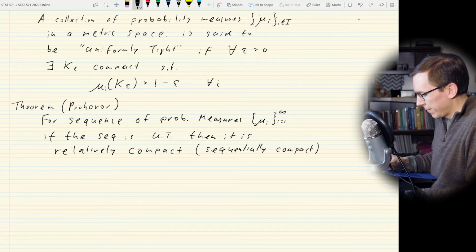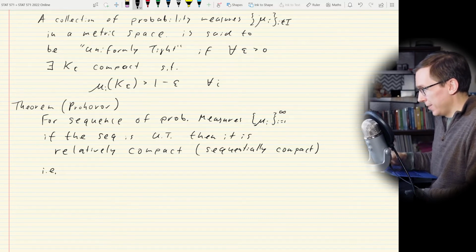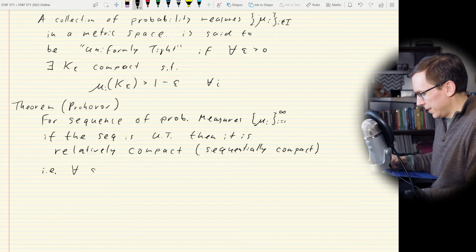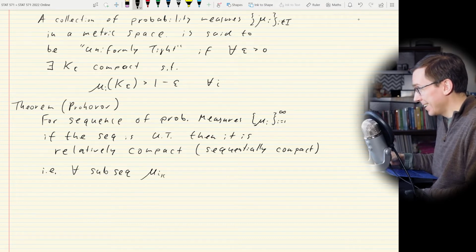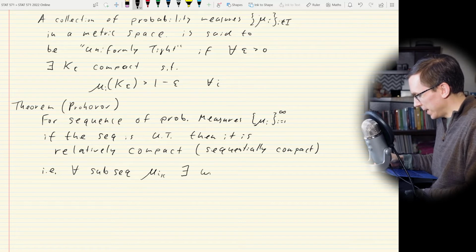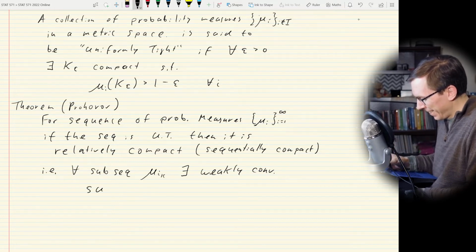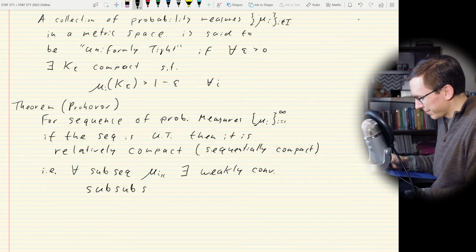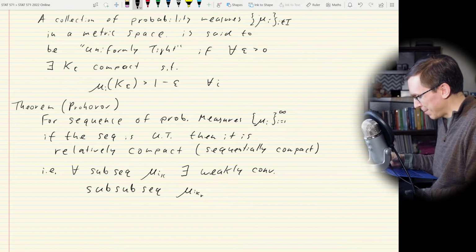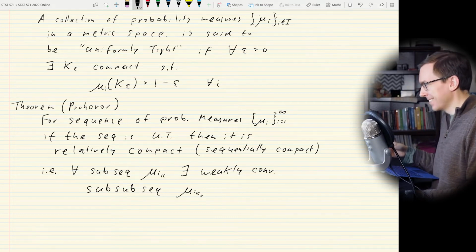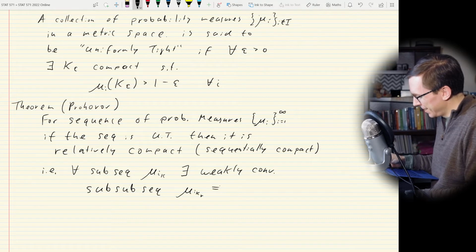It means, i.e., for all subsequences mu sub i sub k, there exists a weakly convergent subsequence, mu sub i sub k sub r, which is just indices all the way down, weakly convergent to mu.